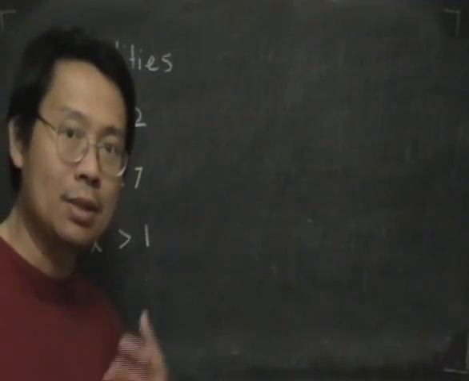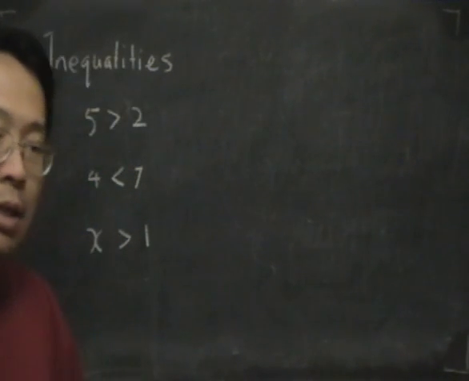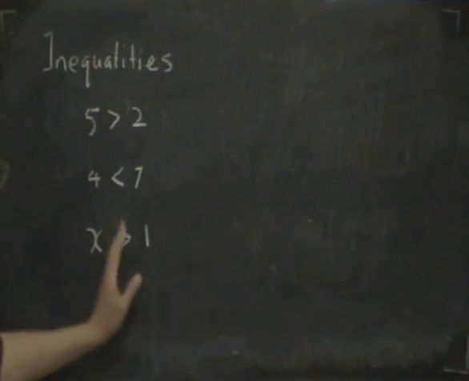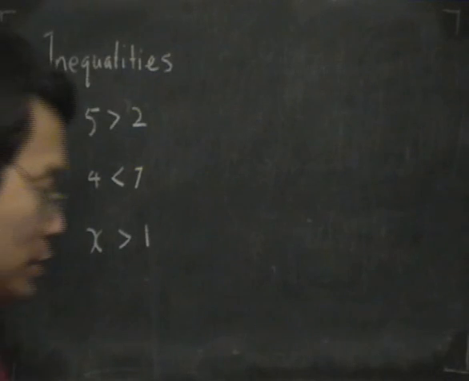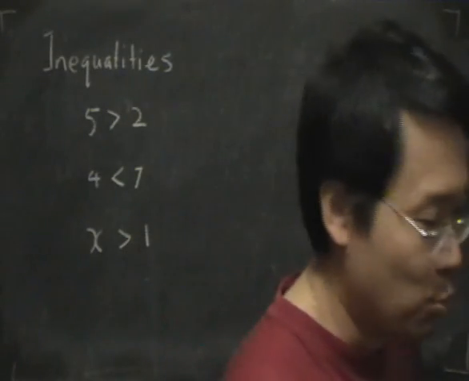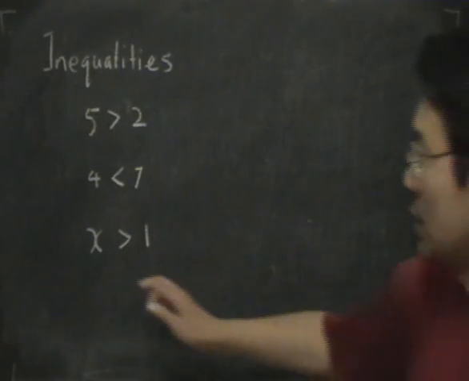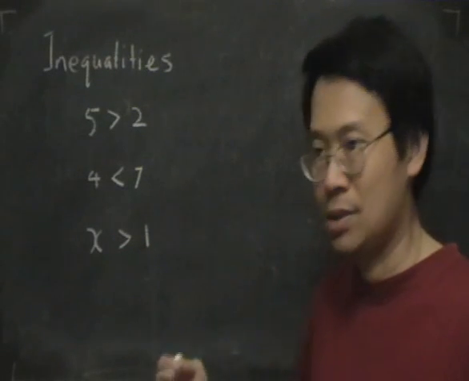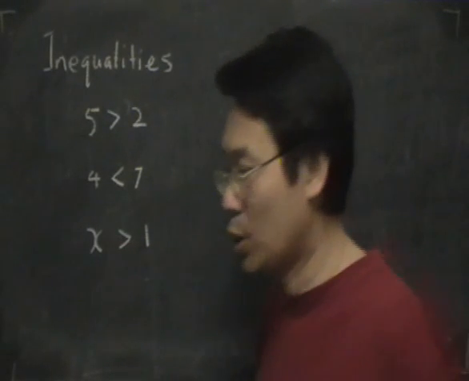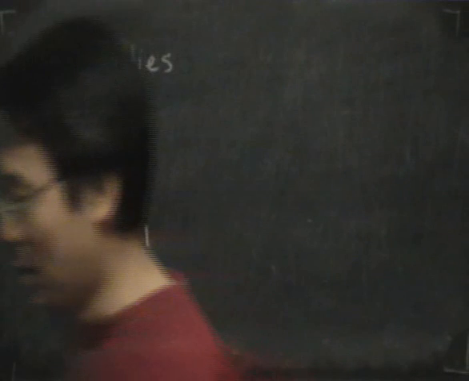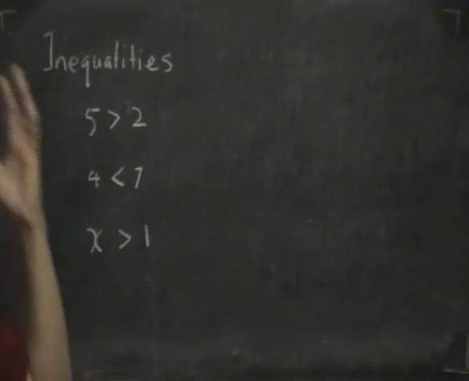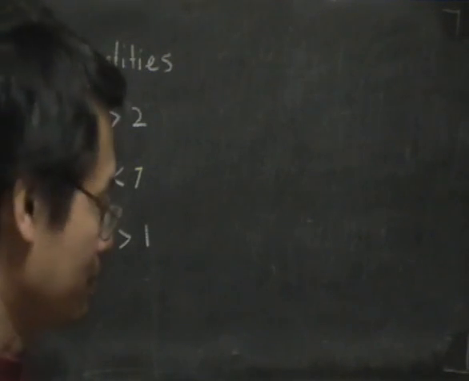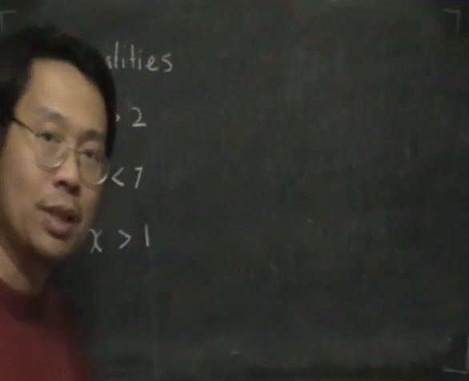Right? We can always understand the mathematics the moment we read out the symbols in words. Okay, so now that we have read out the meaning of this, x is a number that is greater than 1, the next thing we want to think about is, so what is x? So that's what we do in algebra.